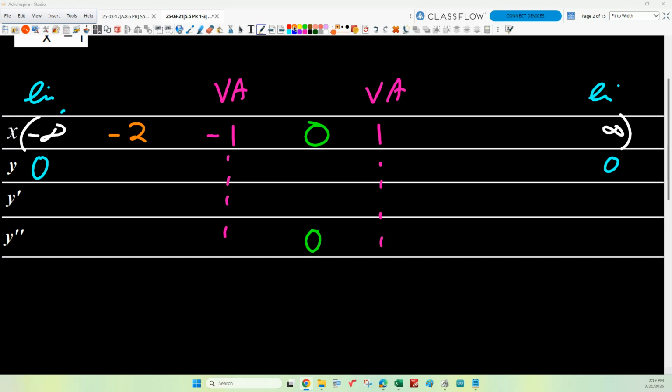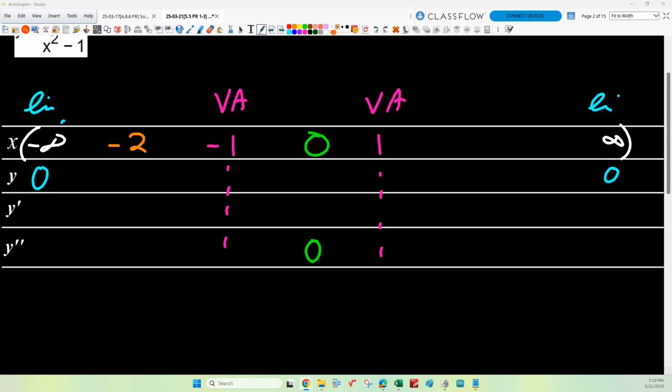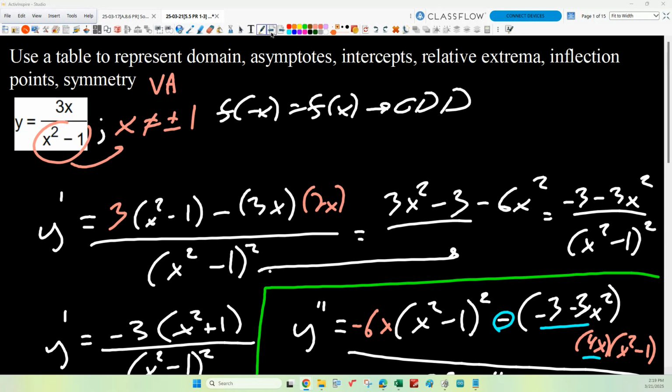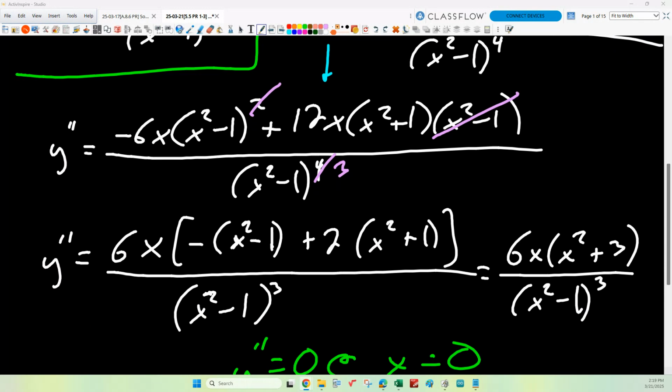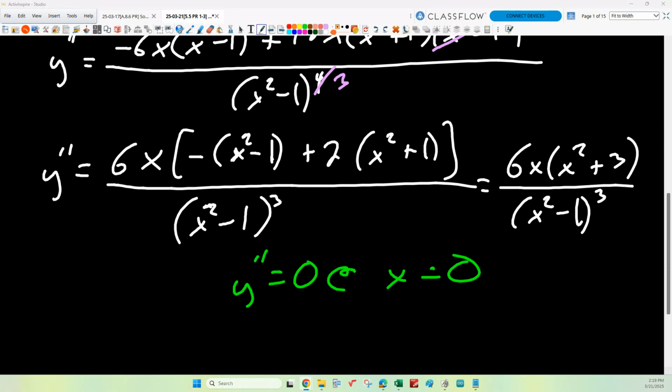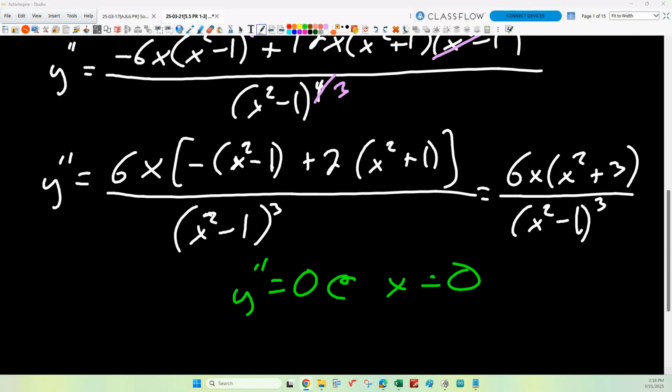If we try the second derivative at -2, what's the sign of the second derivative at -2? It's going to be negative, isn't it? Everybody agree? At negative 2, we're going to get negative times positive over positive, right? So we get negative.